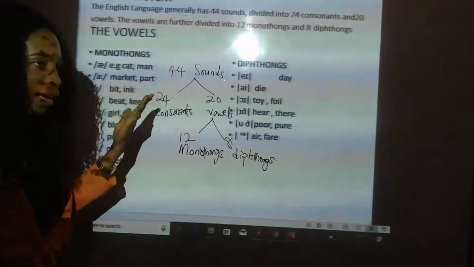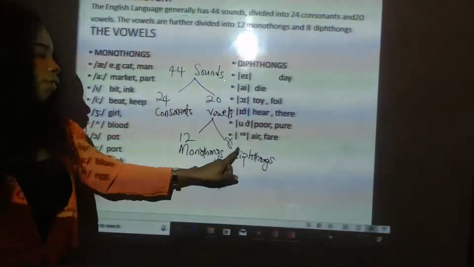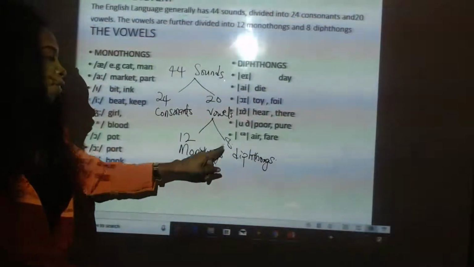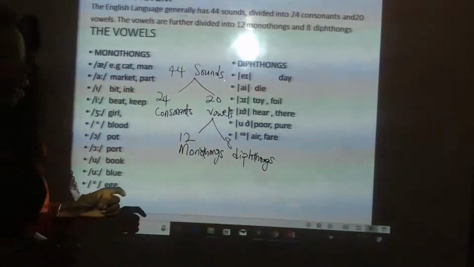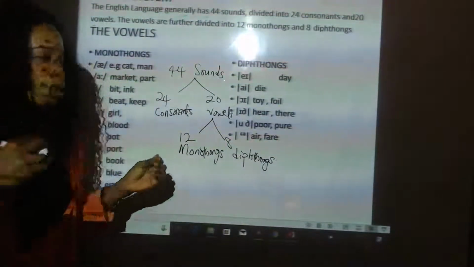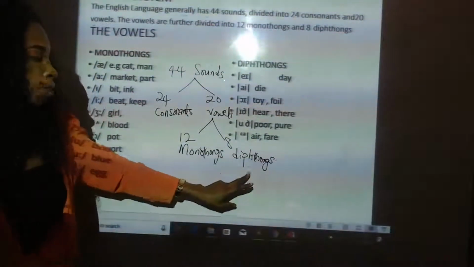For example, a is a monotone, it's just a, it ends there. While diphthongs are vowels that have two sound segments. They're not separate sounds, but it is a glide from one vowel to another. We call them diphthongs.